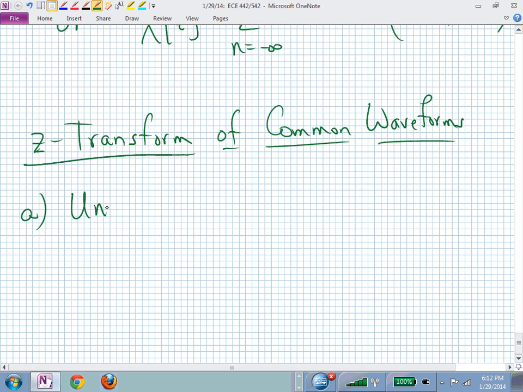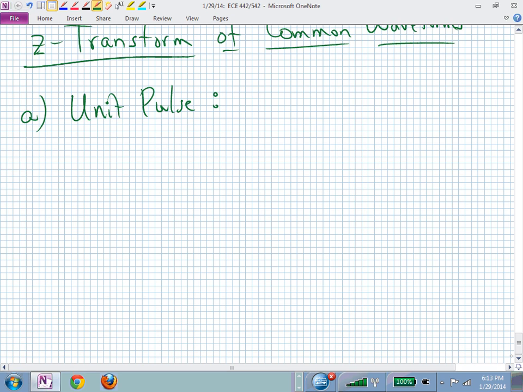And how common could we get? Let's start with the unit pulse. And this you can compare to the unit impulse in continuous time, but now this looks a little bit nicer maybe in terms of believing what this is. This is now the unit pulse.